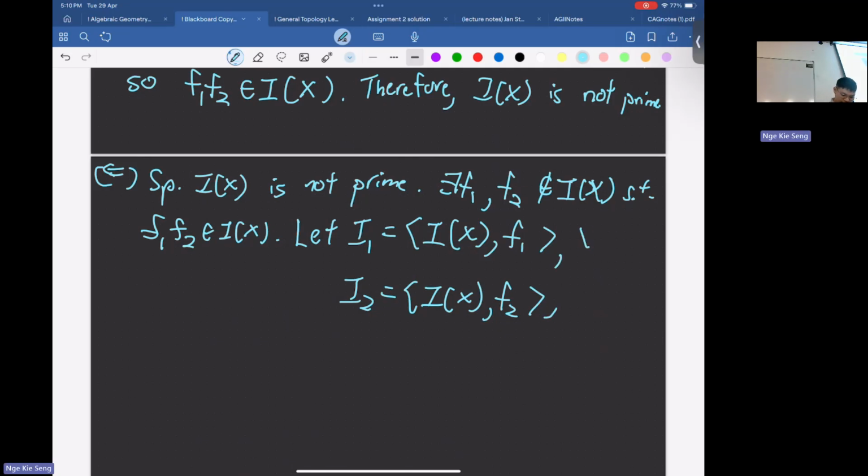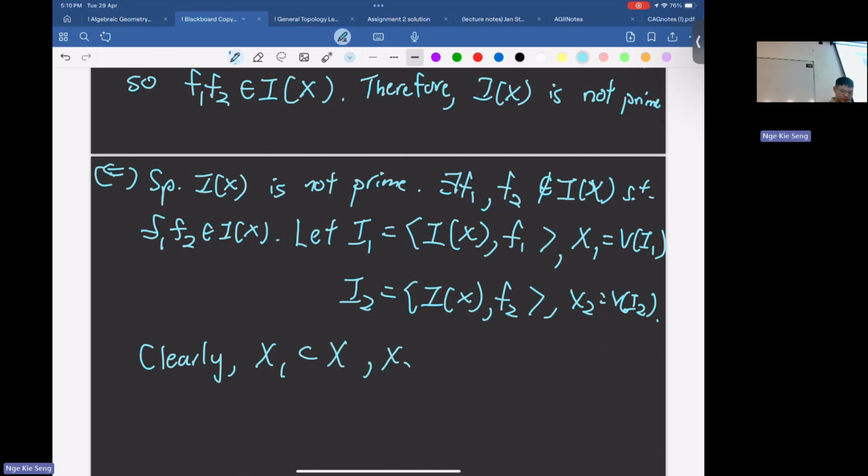Well, we can look at their zero sets. Let's use V here. One clear thing you should see is that X1 is in X and X2 is in X. Otherwise, the assumption is false, meaning you could not find such f1, f2.